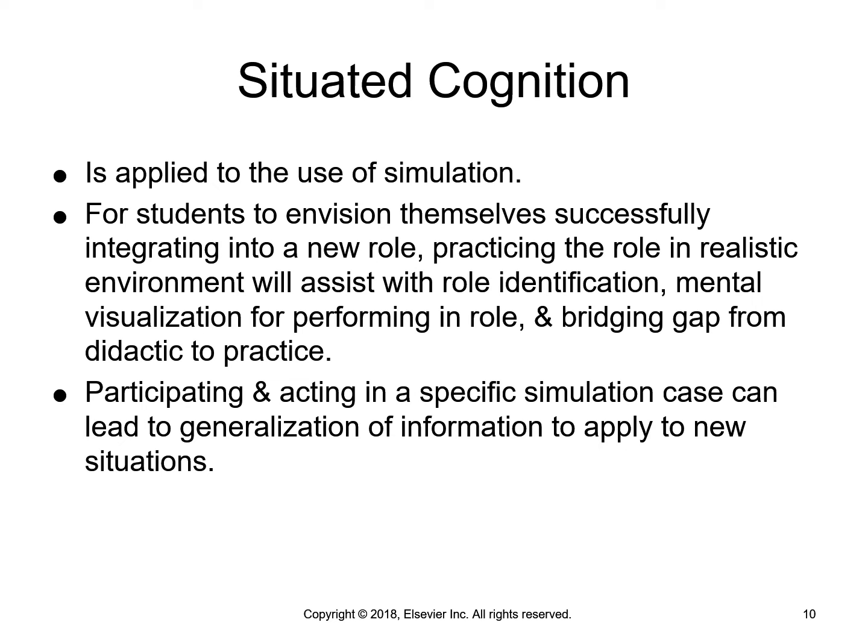So situated cognition applies to various learning domains. The psychomotor domain focuses on the precision of performing a skill or an assessment. The cognitive domain is the application with thinking. So that means, can you perform, identify, maintain, communicate? Can you provide?